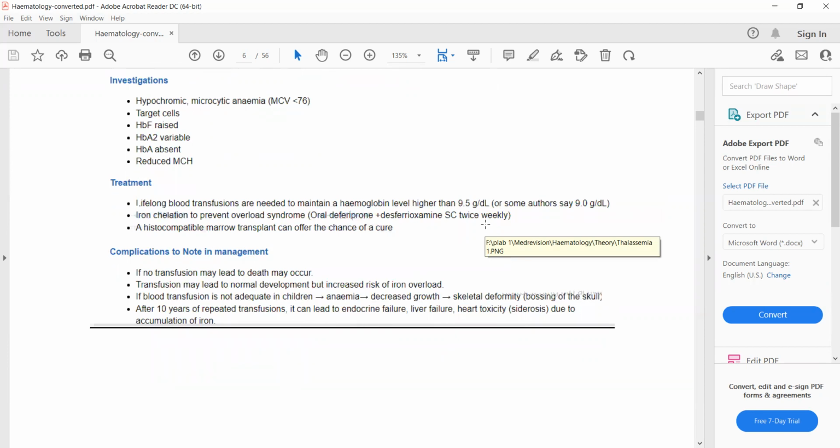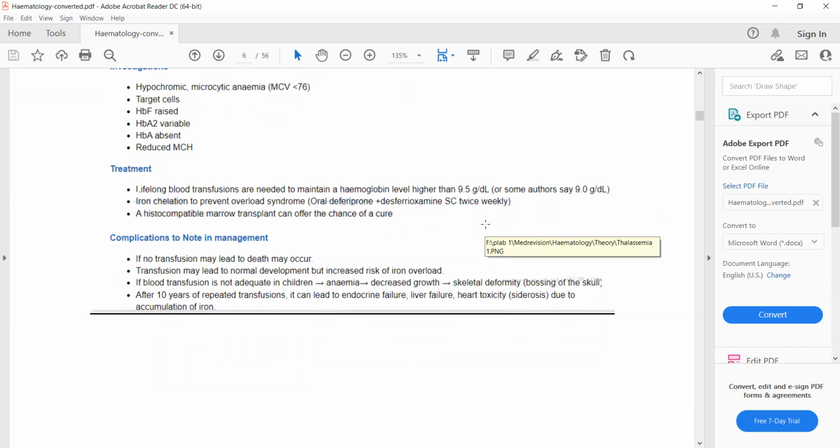So the treatment of thalassemia is that lifelong blood transfusions are needed to maintain a hemoglobin level of higher than 9.5 gram per deciliter, or some authors say 9 gram per deciliter. And because of multiple blood transfusions, iron overload can occur. So iron chelation is used to prevent overload syndrome.